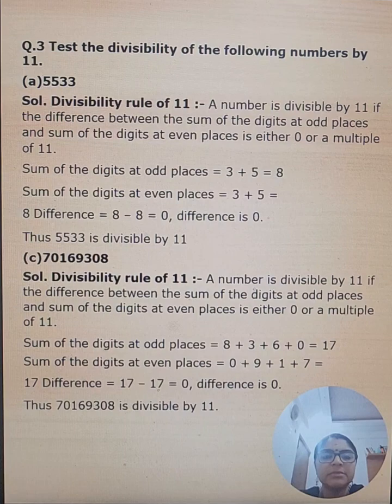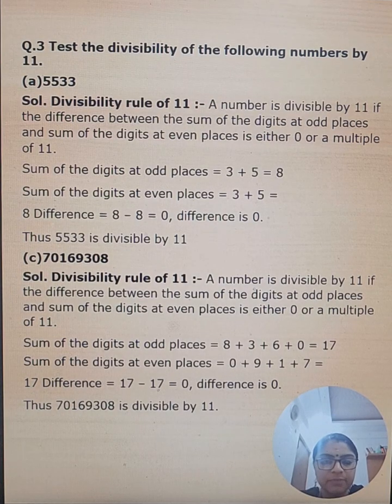So the given number is 5533. The odd place digits are 3 and 5. I told you earlier how to separate the even place and odd place digits. Likewise, the even place digits are also 3 and 5.